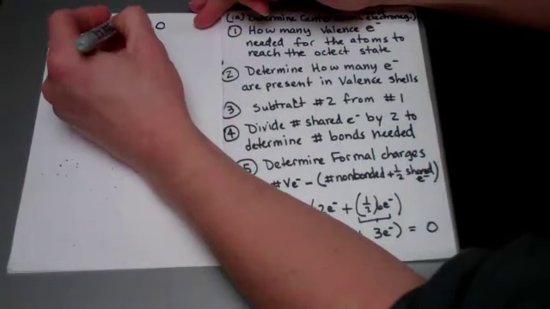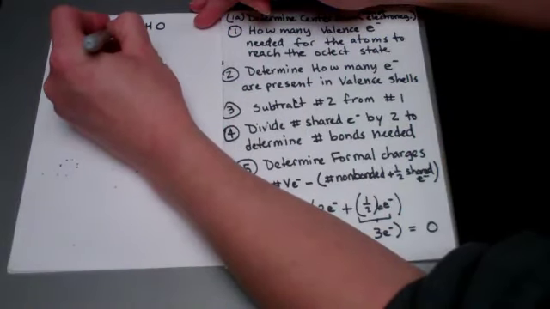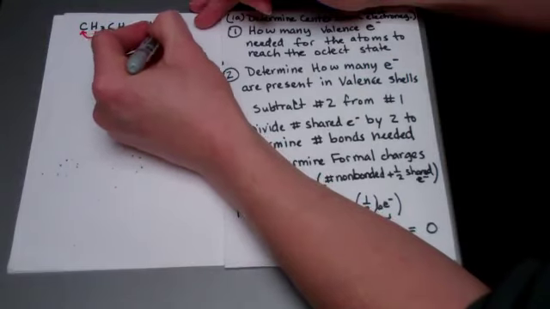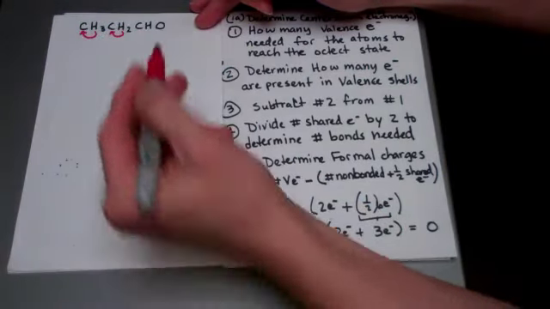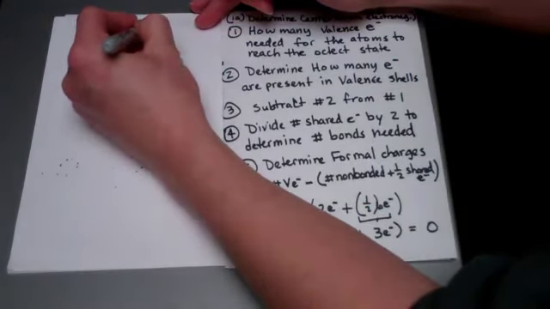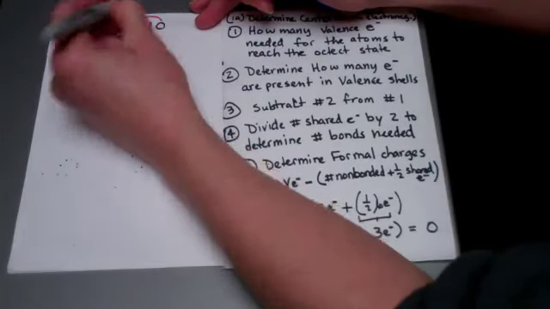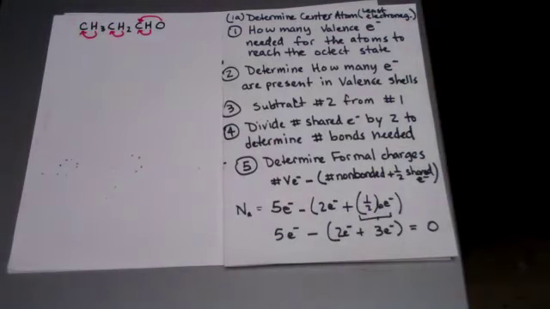This is saying that these 2 hydrogens are attached to this carbon, and this is saying that the stuff following this carbon is going to be attached to it. So that hydrogen is attached to the carbon, and the oxygen is attached to the carbon. There's also another implication when you have molecules written like this.